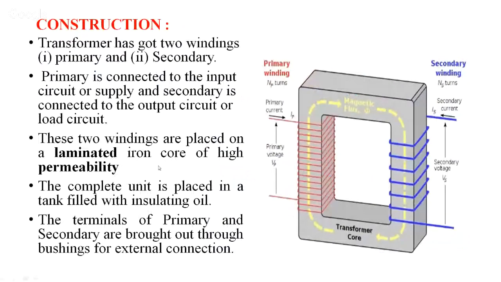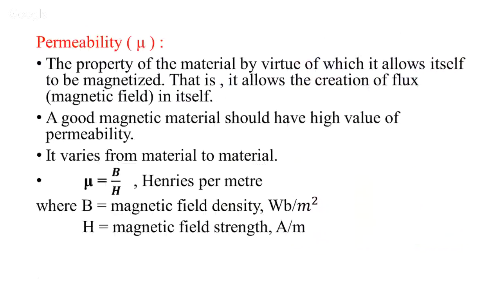So now we understood that these two windings are placed on a laminated iron core. Laminations are done in order to reduce the eddy current losses. And the core is of high permeability. This is another word whose meaning you have to understand: high permeability. Now, what is permeability?